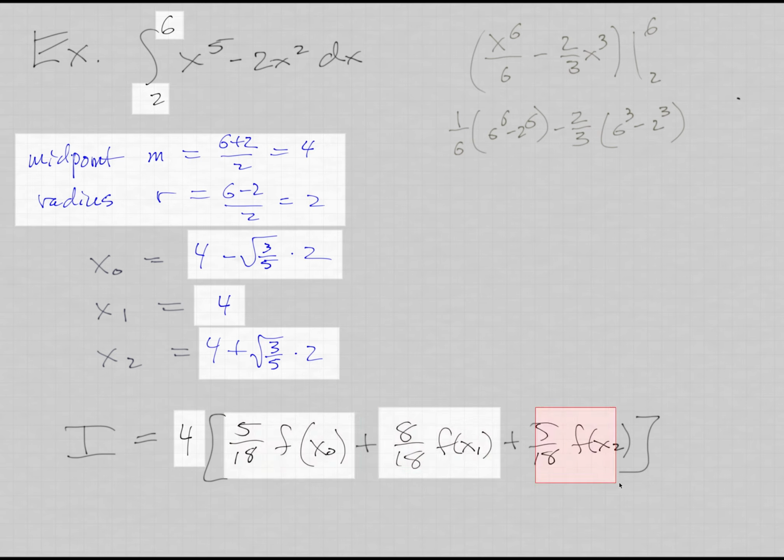The values of the function evaluated at those 3 different sample points, right? And see if you can verify that this value matches the value you would get, again, by integrating the way they taught you in 211, right? Just by finding the antiderivative and plugging in the limits and taking the differences.